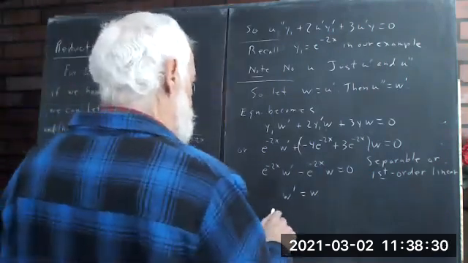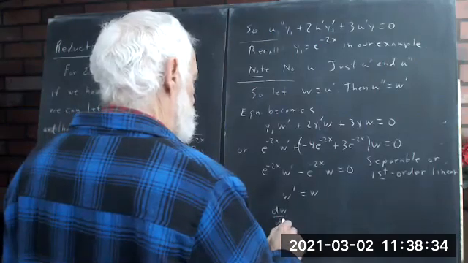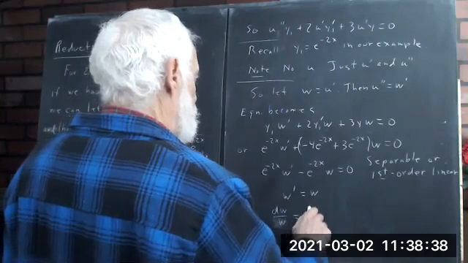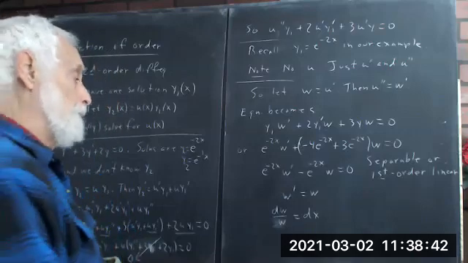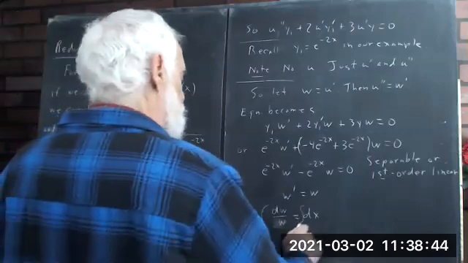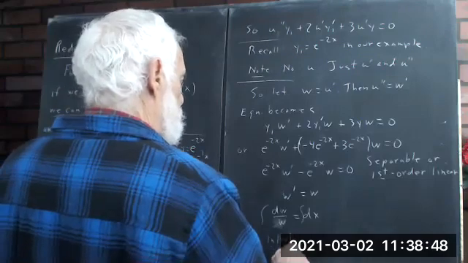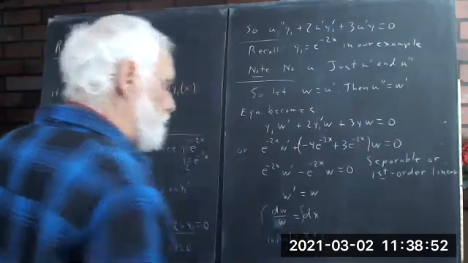So dw over w equals dx. Integrate both sides, and we get natural log of the absolute value of w equals x plus a constant.